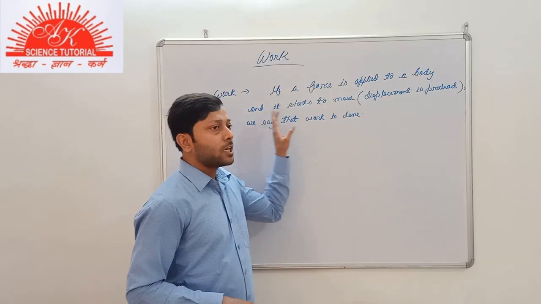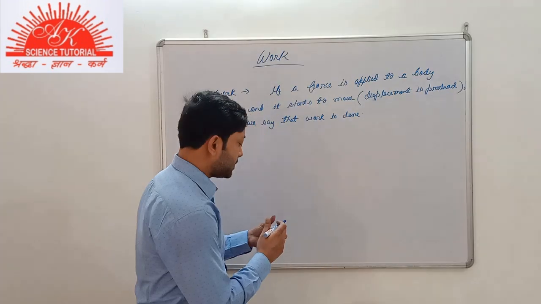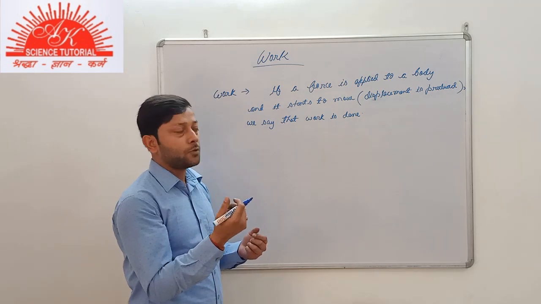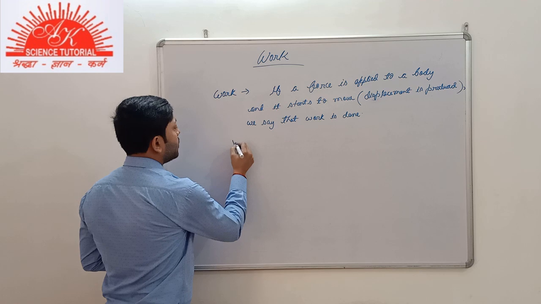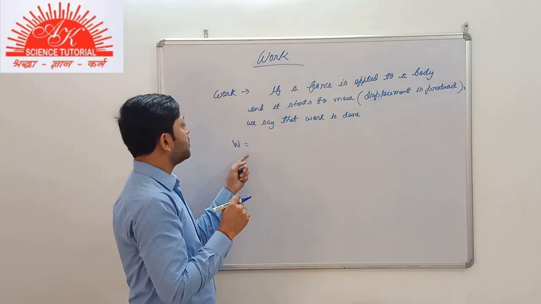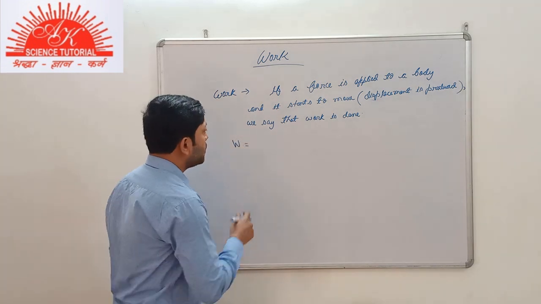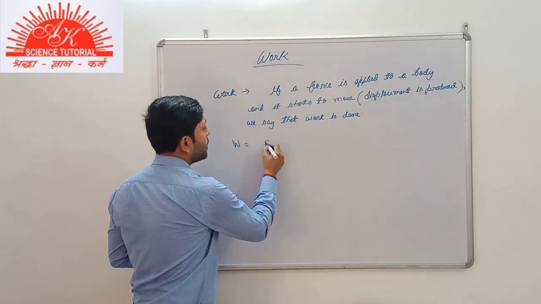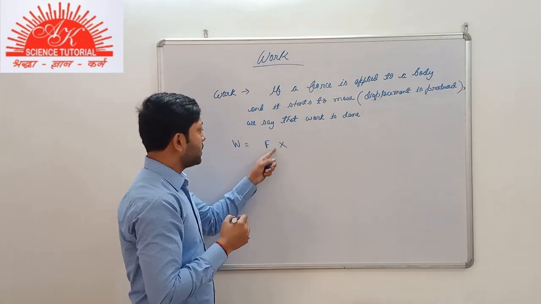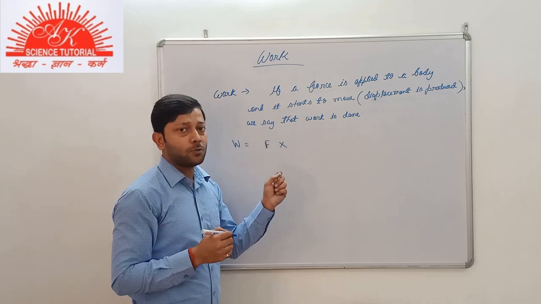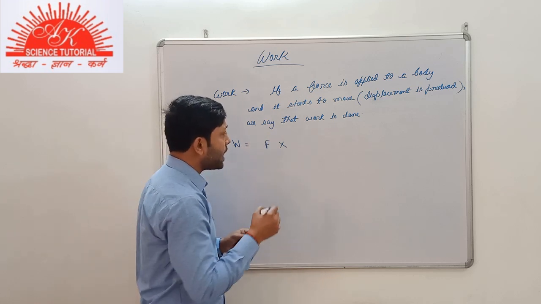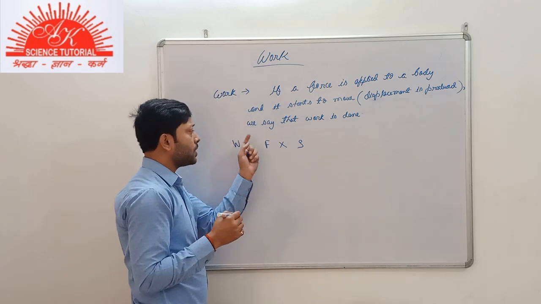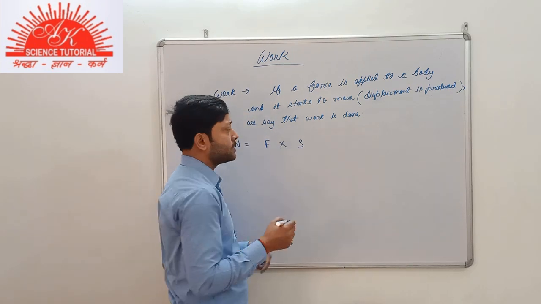Along with the theoretical part, you have to conclude what is the magnitude of work. We are denoting work by this symbol, that is W. The magnitude of work done can be found by multiplying the force that is applied to the body and the displacement. We are denoting force by capital F and displacement by S.